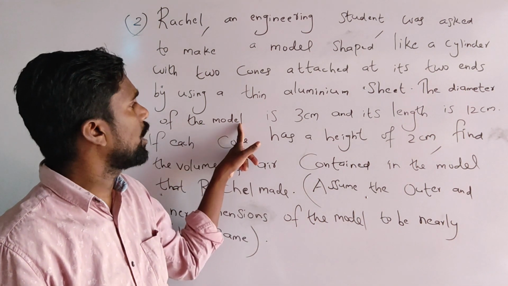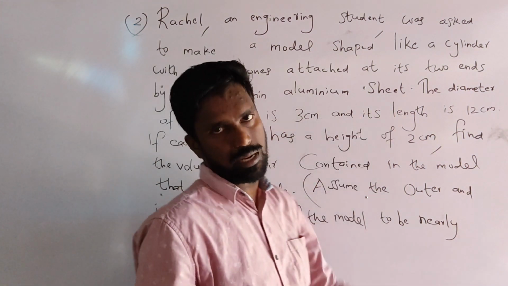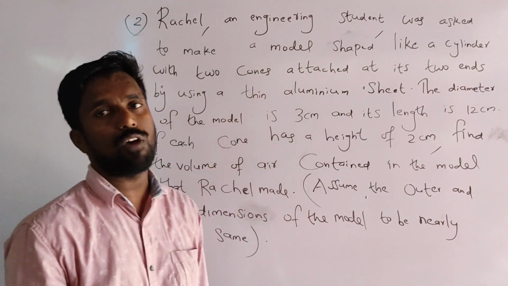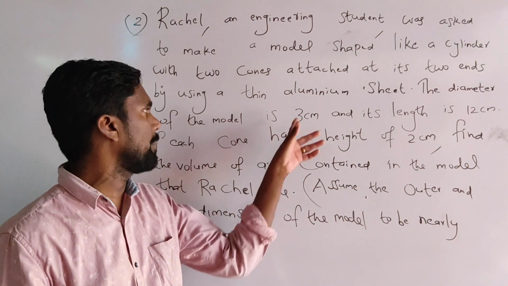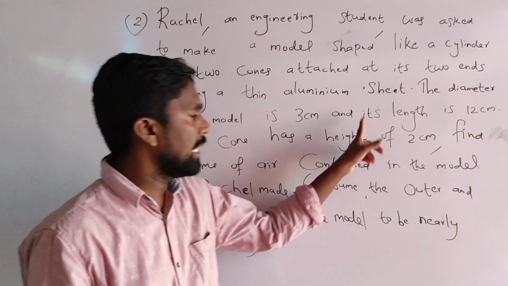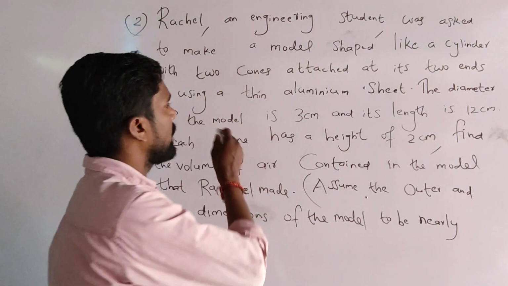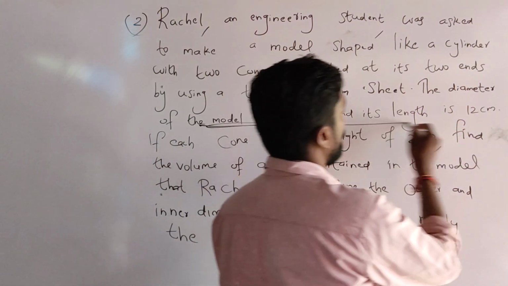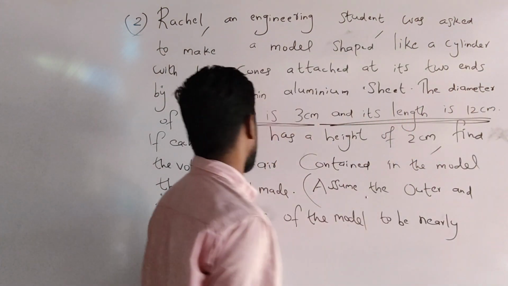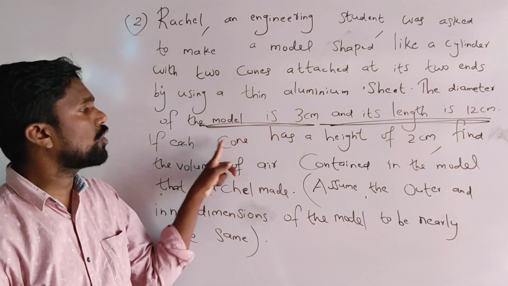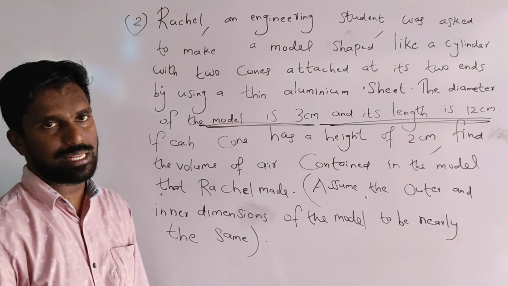The diameter of the model is 3 centimeter and the model length is 12 centimeter. Each cone has a height of 2 centimeter.